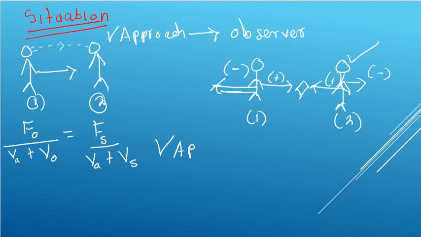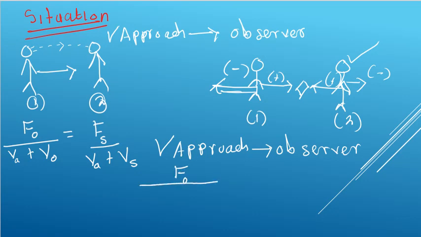So whenever the approach towards the observer is away, the formula that you are going to use is this: the frequency of the observer over the frequency of sound in air, plus, now remember that the velocity this time around is very much negative because the person is moving away.